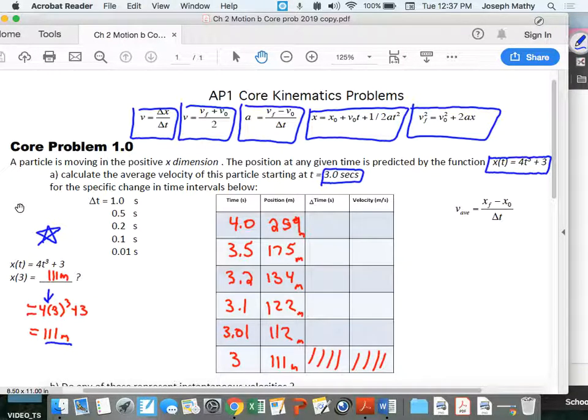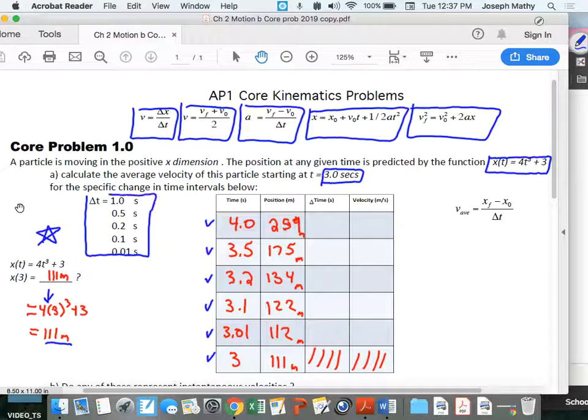I come over to my handy-dandy table on the right, and for the sake of time, I have put that we start our problem at 3 seconds, and then we change it according to this table over here.